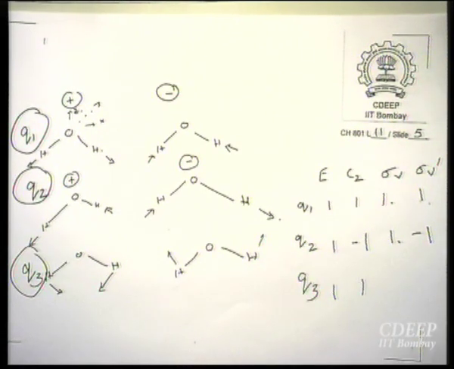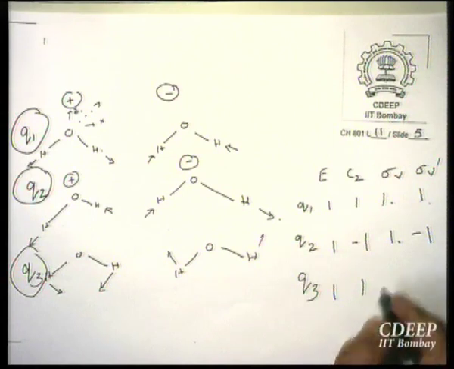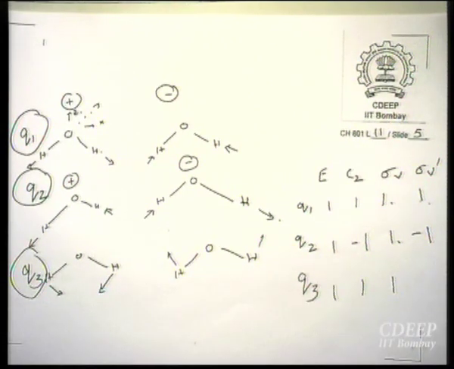If I apply sigma V, same, unless it is out of plane bending, and here out of plane bending is not even possible, it has to be symmetric. What about sigma V dashed? 1.